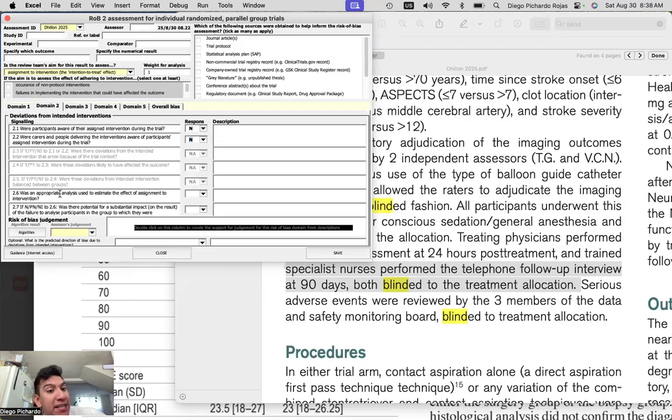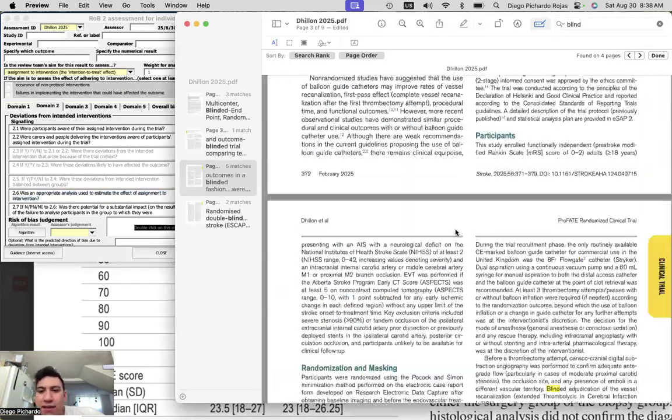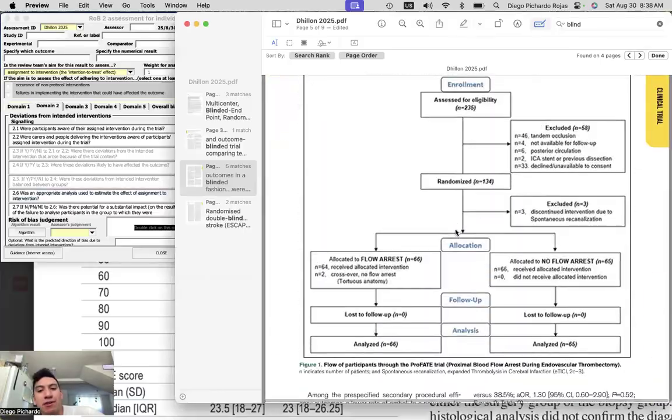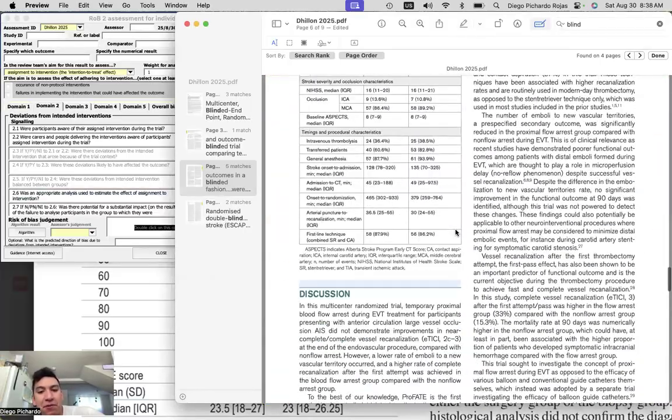Was the appropriate analysis used to estimate the effect of assignment to intervention? Yeah, you see that's the same thing that we just evaluated. We don't know if the characteristics are very different between the two groups.